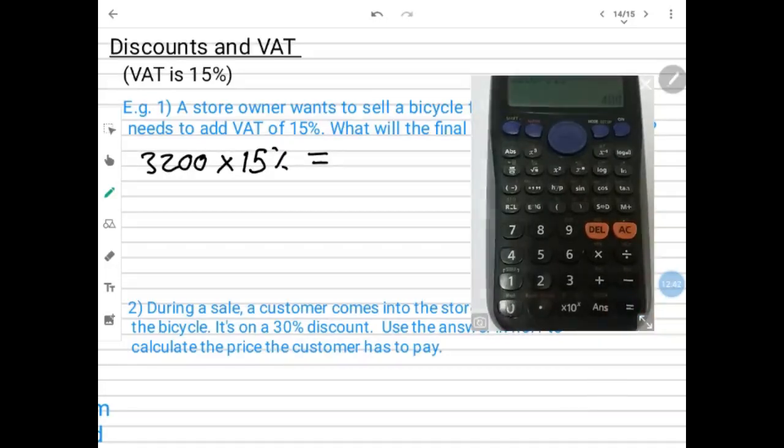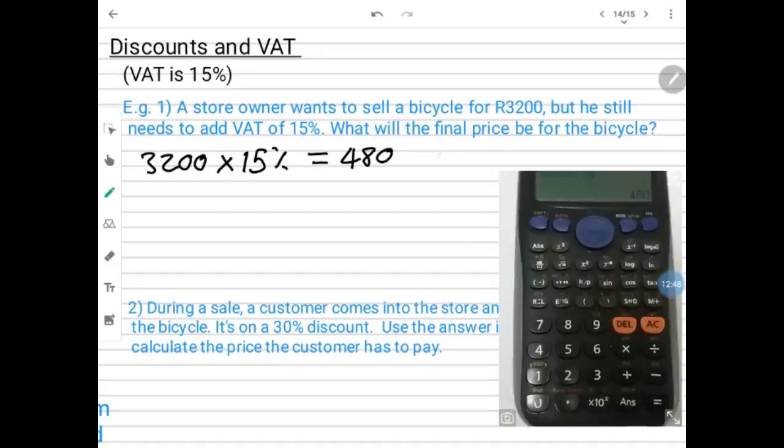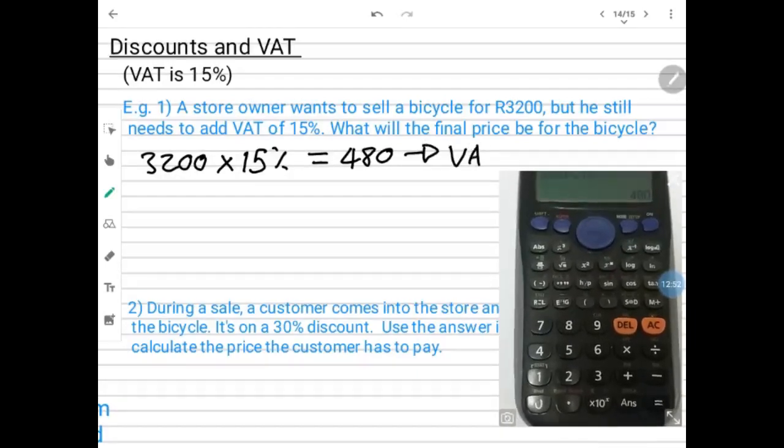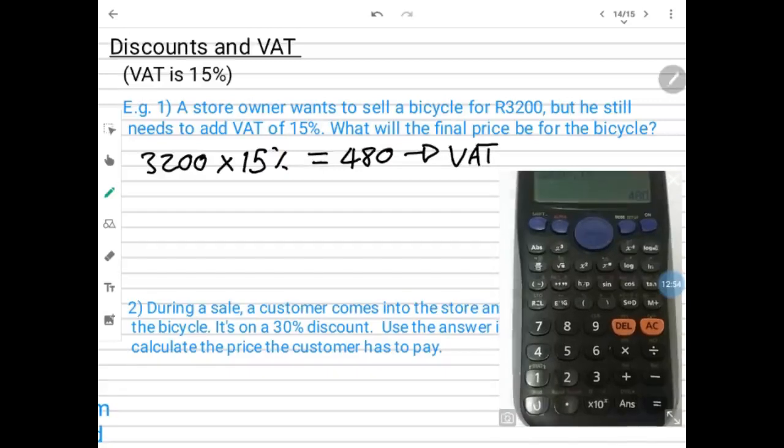Then we get 480. So this 480 is the VAT amount.